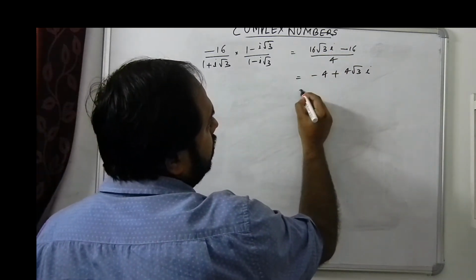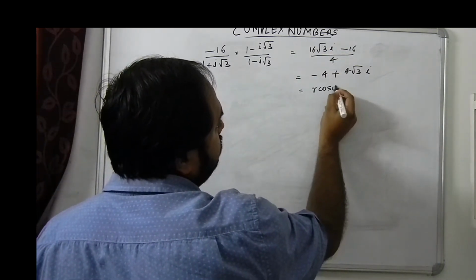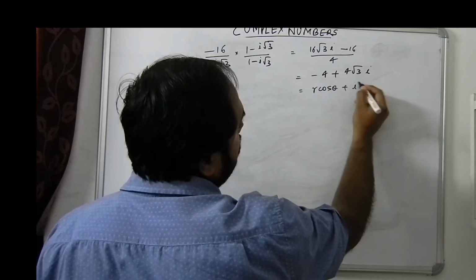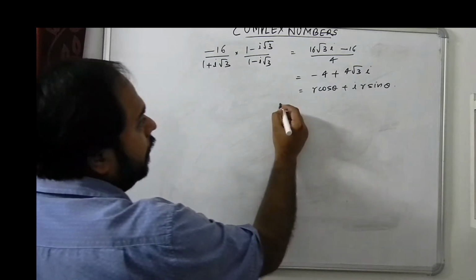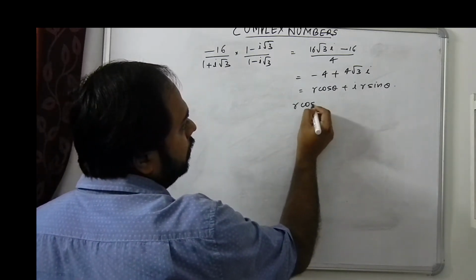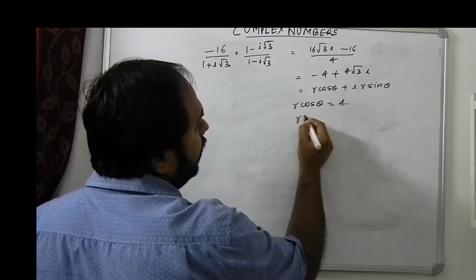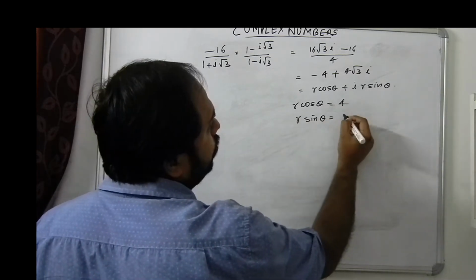Now this is nothing but r cos theta plus iota r sin theta. So again, r cos theta is equal to minus 4 and r sin theta is equal to 4 root 3.